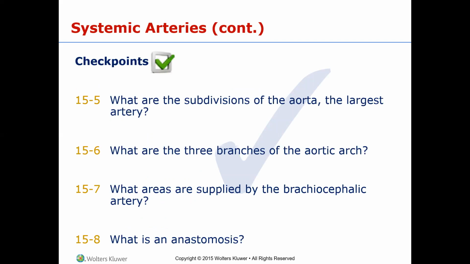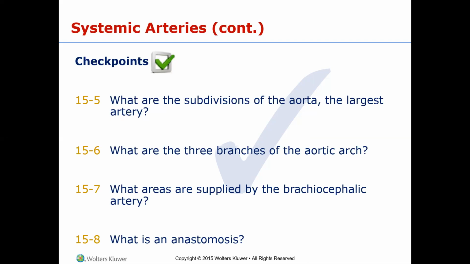And the aorta, the 3 branches, I do think that you need to know that, and all of these. So what are the subdivisions of the aorta? Those consist of the ascending aorta, the aortic arch, the thoracic aorta, and the abdominal aorta.